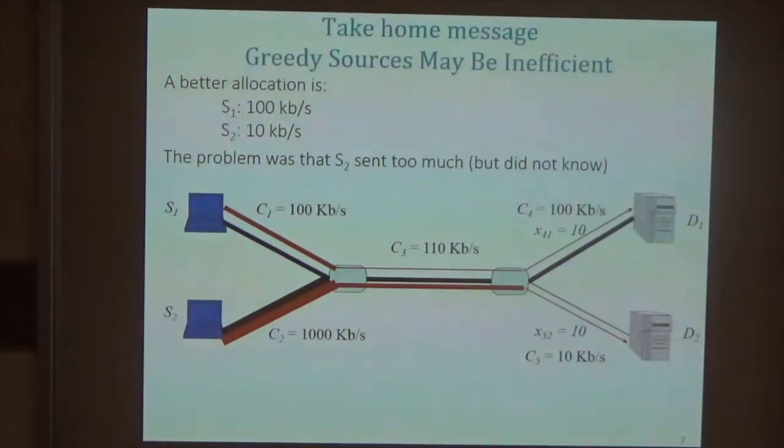This guy injected into the system 1,000 units of work per time unit. Out of those 1,000, we know that 990 will be lost. So it would be better if this guy injected only the 10. But these 990 units of work that are lost cause damage to others. They cause damage to S1 here. This is one of the symptoms of the syndromes and the root causes of inefficiency and congestion collapse.